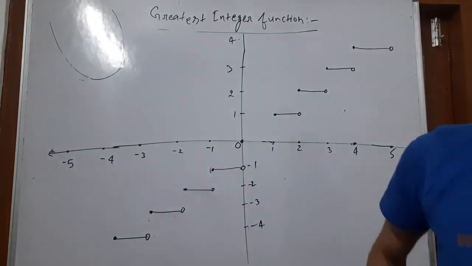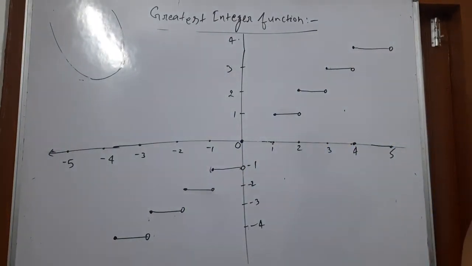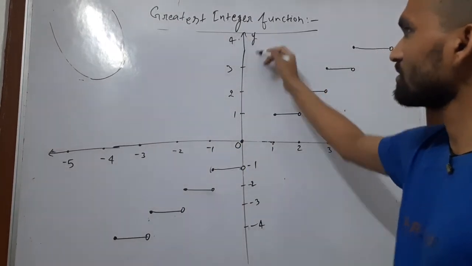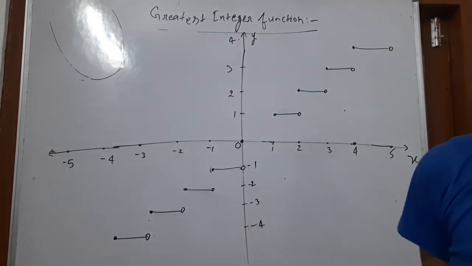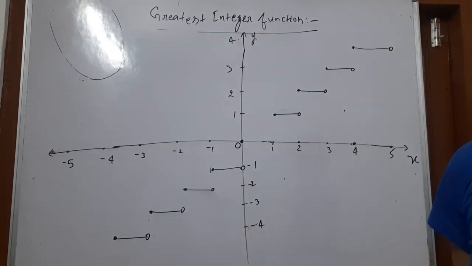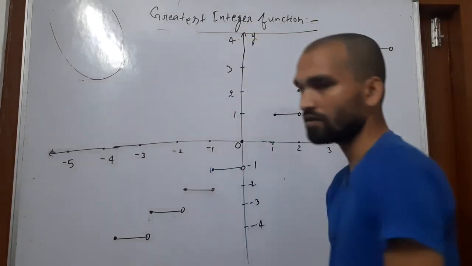So what's the domain? As we see here that graph is defined for every value of x. So domain is all real numbers, and what the range? Range is always integer values because output of greatest integer function is always integer values.